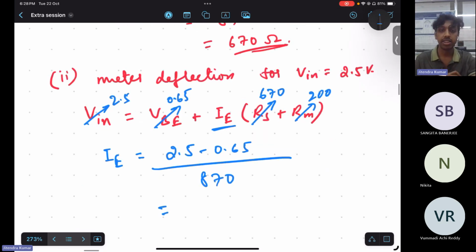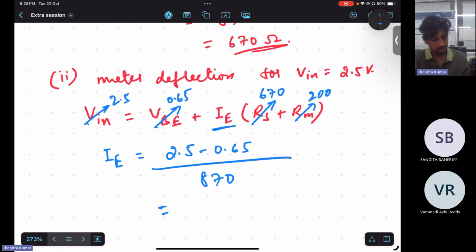So how much will that current be? So it will be 2.12 milliampere.